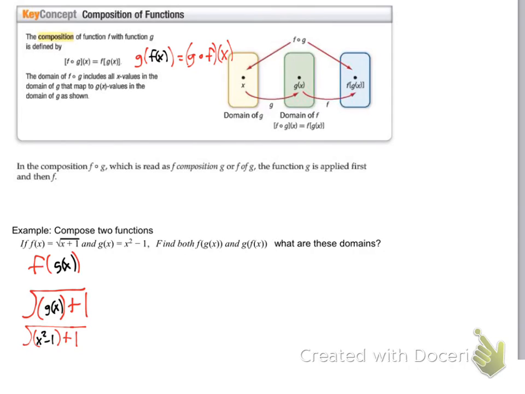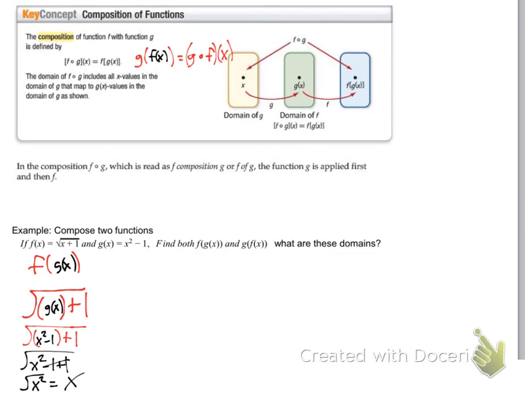No. And so I would have the square root of x squared minus 1 plus 1. What happens to the 1s? Hey, wait a minute. That means I have the square root of x squared, which equals x. There you go. Composition resulted in x. If I apply g of x, and then turn around, take that answer and put it back into f of x, I get x out. I put x in, I get x out.